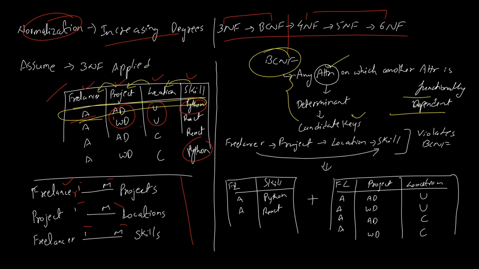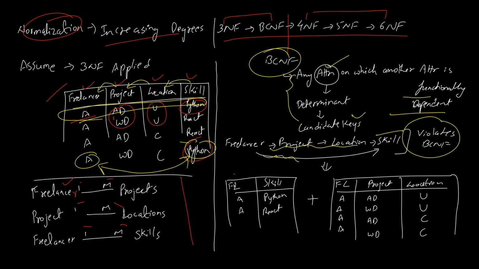But obviously freelancer and skills are independent things. In that way you can know that these are linked together, as we have seen over here. They are also linked, and these are also linked. That violates BCNF because skill is not a candidate key.